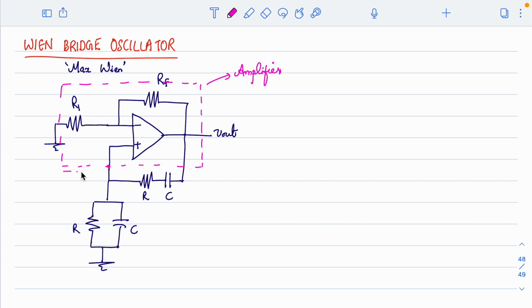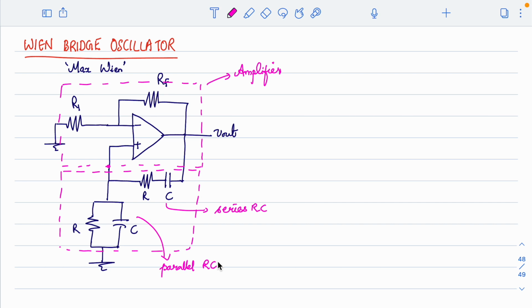On the other hand, you can also see a series and a parallel RC network, which in this case act as the feedback network. So this is a series RC and this is a parallel RC, right?